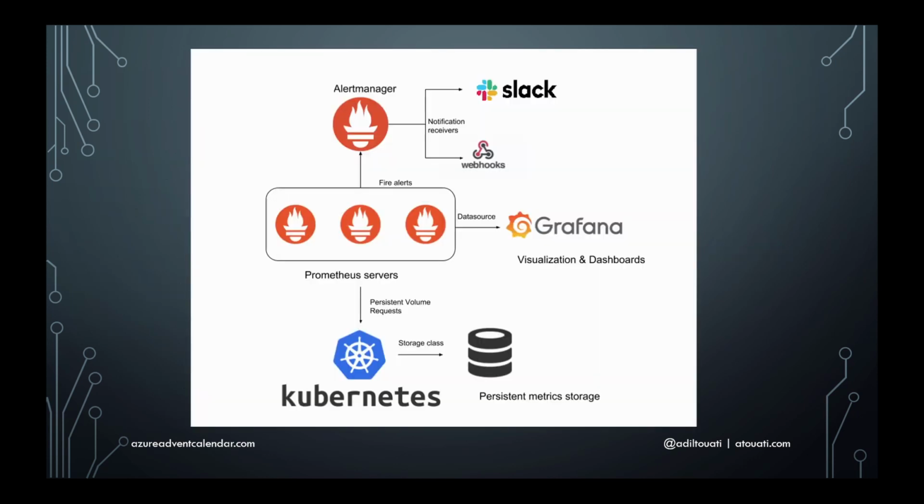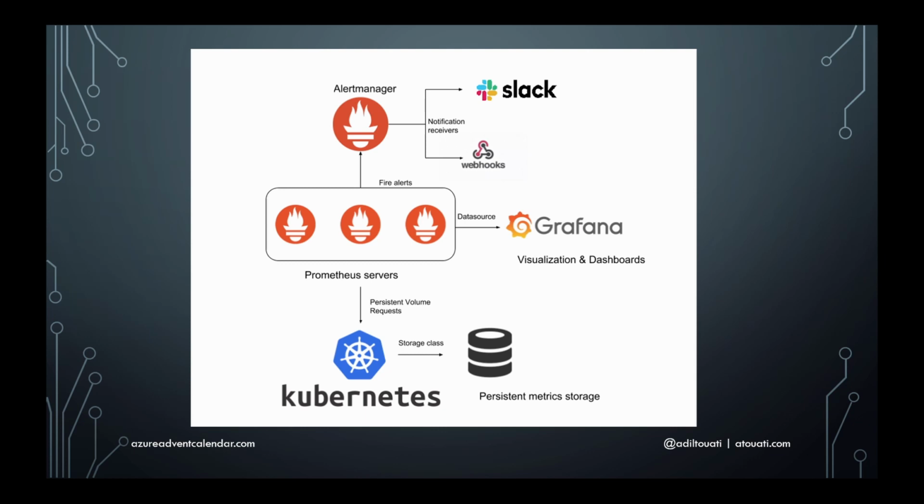Yes, so here, this is the architecture of Prometheus that we will be deploying. On Kubernetes, today we're using AKS, which is the managed solution from Microsoft Azure, but it deploys the same on any Kubernetes cluster.